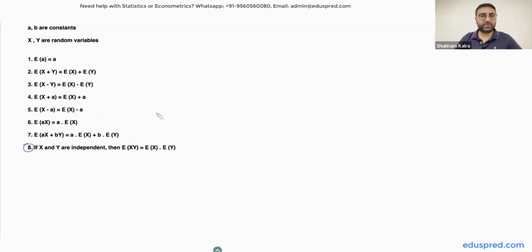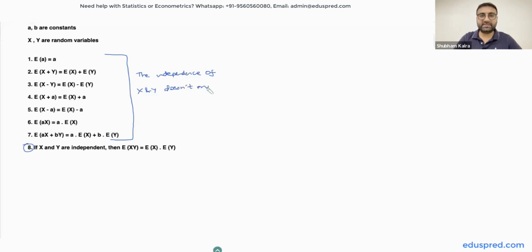Before I talk about the last property, note that all of these properties that we talked about over here, that is the first 7 properties, have nothing to do with whether x and y are independent or not. So for these properties, the independence of x and y does not matter.